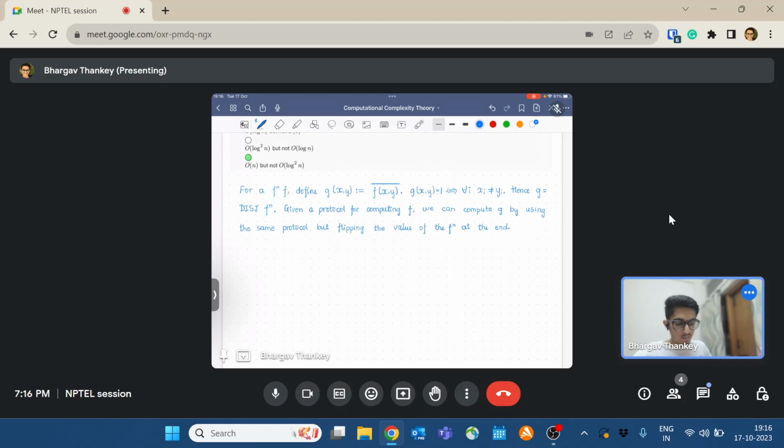So given a protocol for F, we can compute G using the same communication complexity.